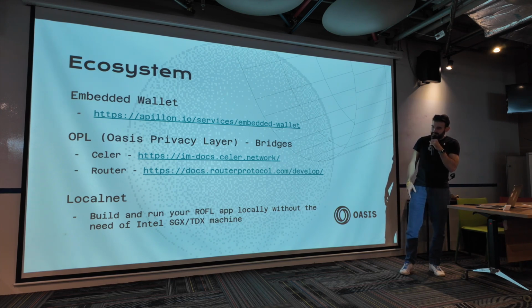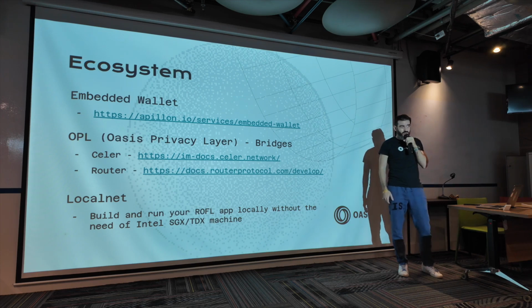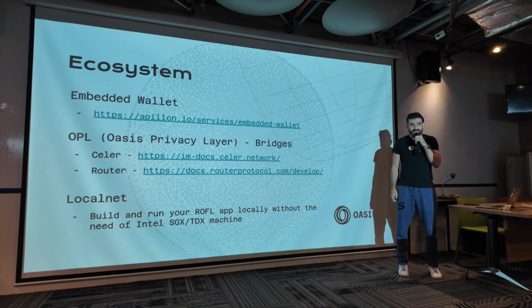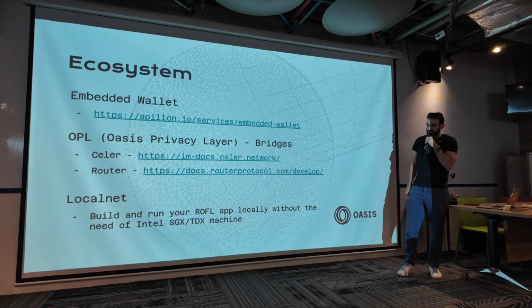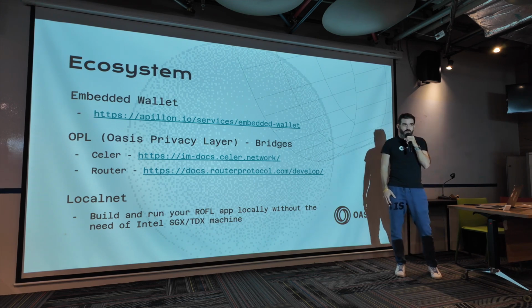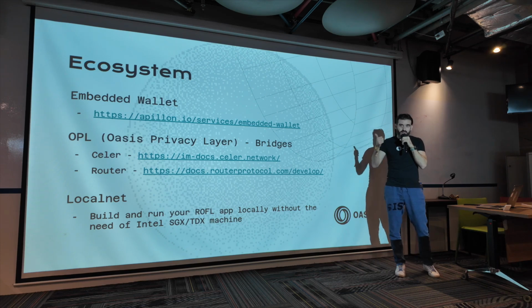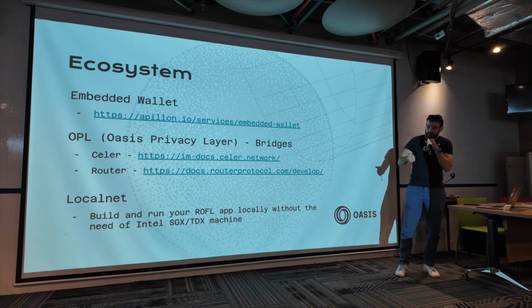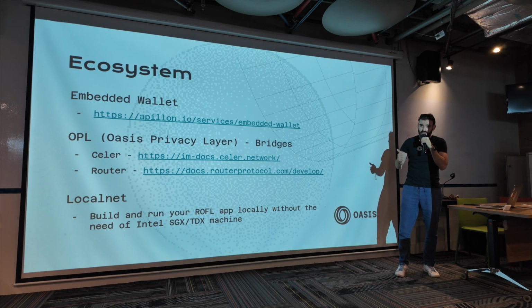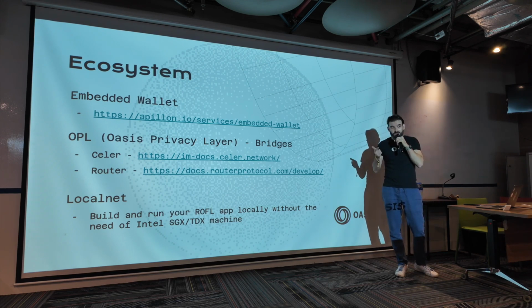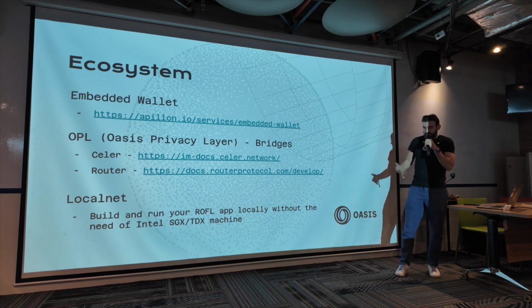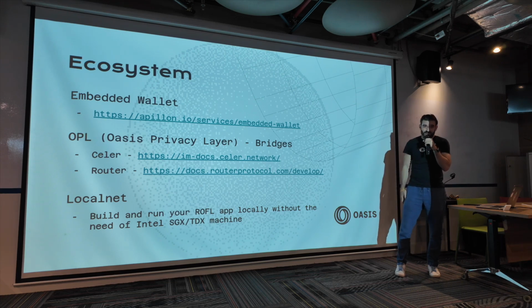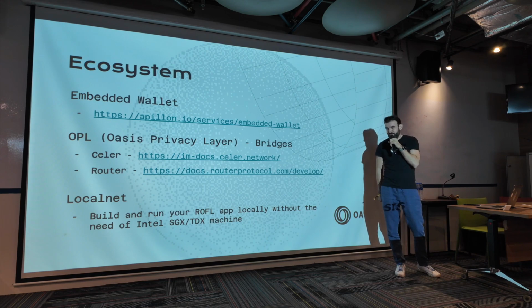And to run the ROFL apps you need a TEE, which most of you don't have. We have also a local test version, which runs our confidential EVM locally, and also ROFL, so you can test it all locally without needing an Intel SGX or TDX machine at the hackathon.